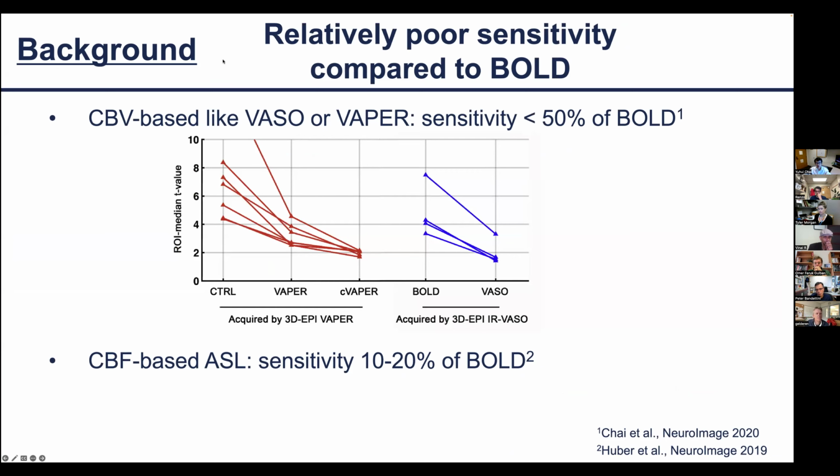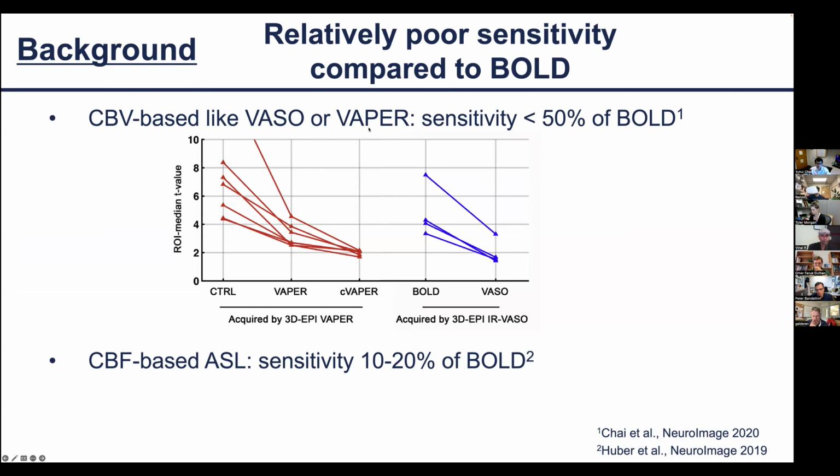the limitation of CBV and CBF based fMRI is their relatively poor sensitivity compared to BOLD. For example, a CBV based fMRI like VASO, or the technique we are going to focus on today, VAPER, has a sensitivity less than half of BOLD.